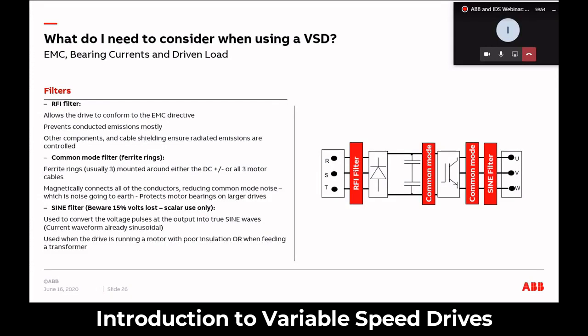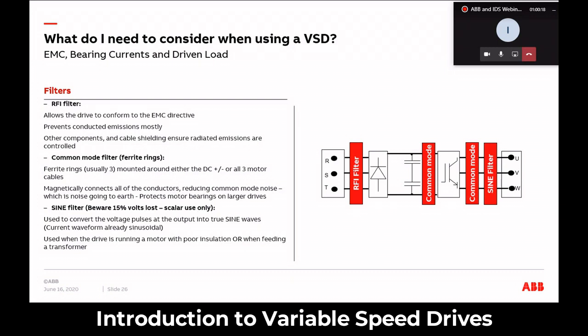So going back to the filters. We've got the RFI filters in there, and a lot of those come as standard with our drives, but there are options to improve upon that or to remove it altogether. Another thing is having common mode filters on there, also known as ferrite rings, mounted either on the DC side of the drive or on the output side.